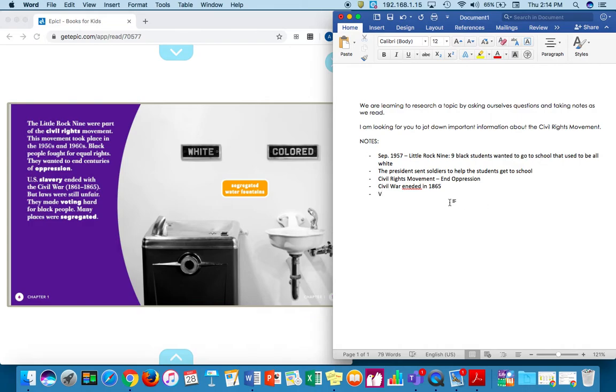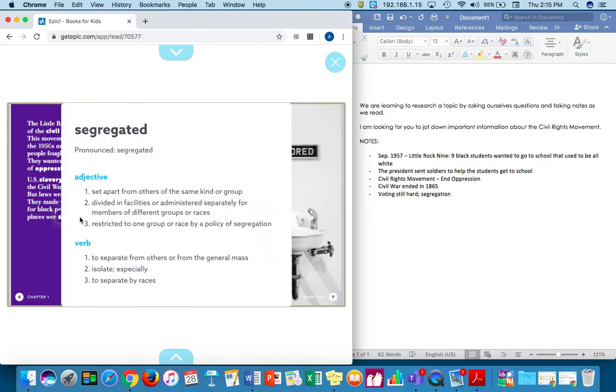And voting still hard. And the word segregation or segregate. And again, if you don't know what the word means, you can click on it.